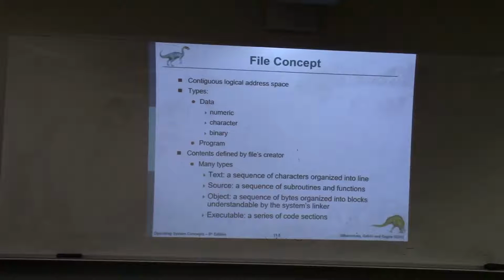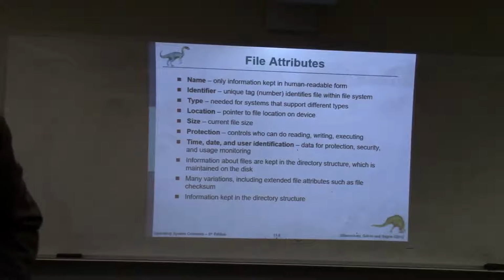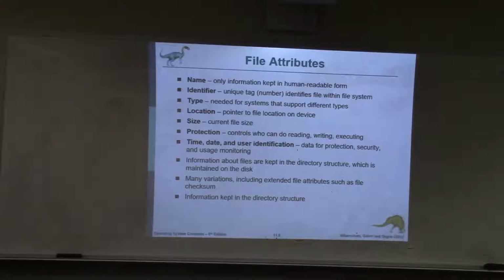So this is a file, and what is a file? Actually, the file is a data structure used by the operating system, and it's nothing but a sequence of bytes. However, depending on the application, it can be a variety of data structures. But most files have such attributes as name and identifier.